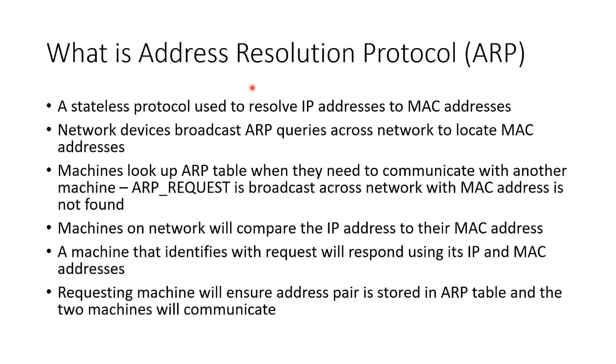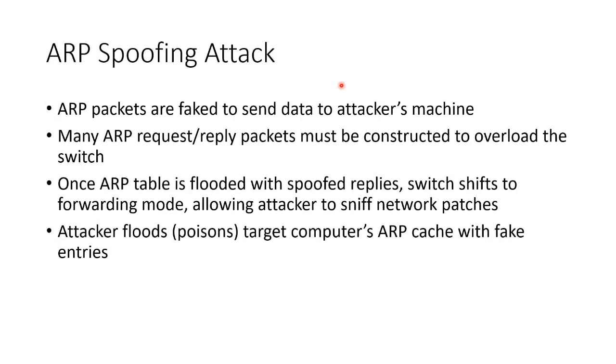So ARP is a critical part, a core component of the TCP/IP suite. Now, not all layer 2 protocols use ARP, but Ethernet and Wi-Fi certainly do. And machines will keep their own little ARP caches that map MAC addresses to IP addresses, and switches will keep CAM tables that map switch ports to MAC addresses.